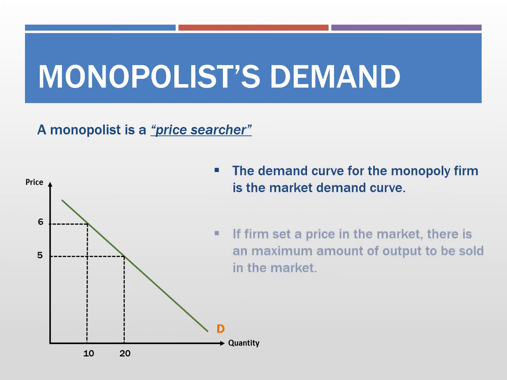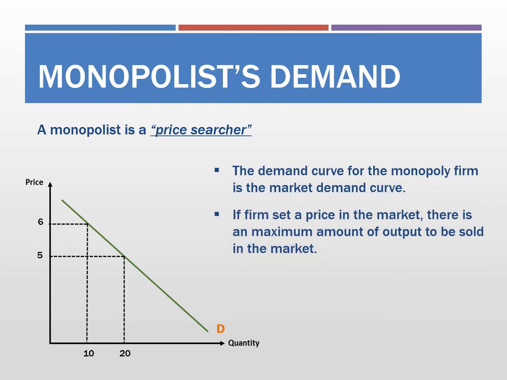However, one thing worth noting is that the demand curve that monopoly firms face is a downward sloping demand curve. What it means is, if the firm changes the price of its products, the total quantity of the product demanded in the market will be different.